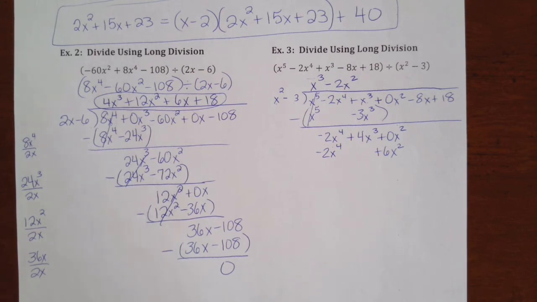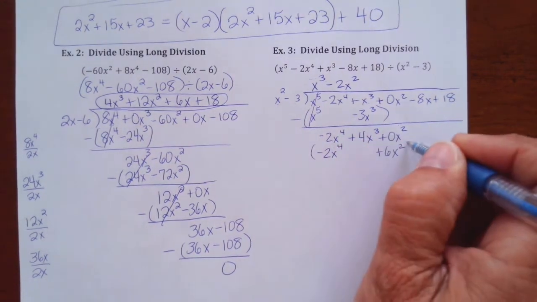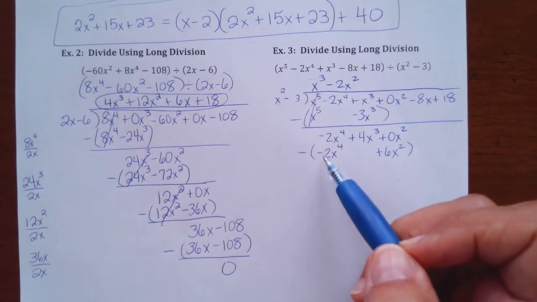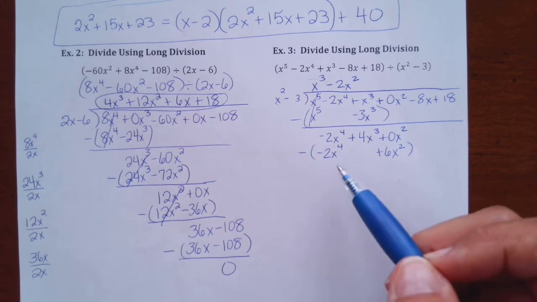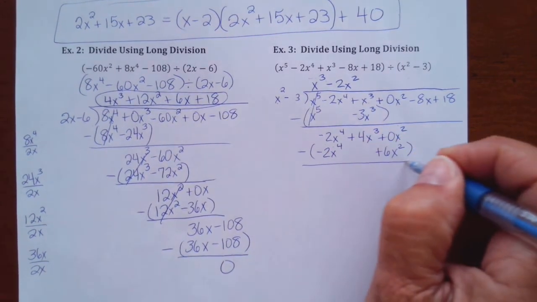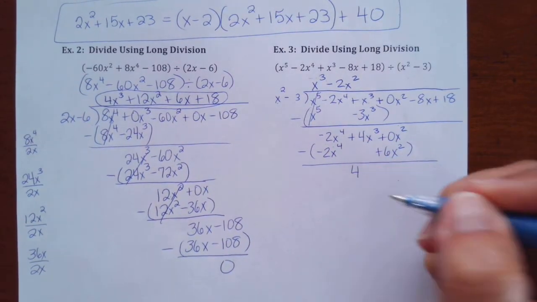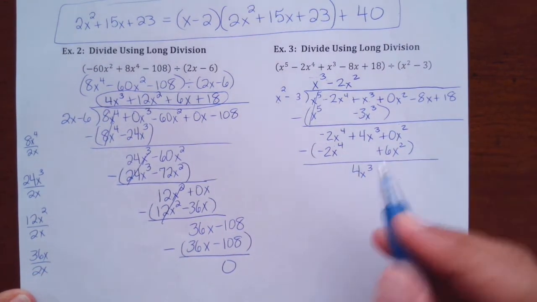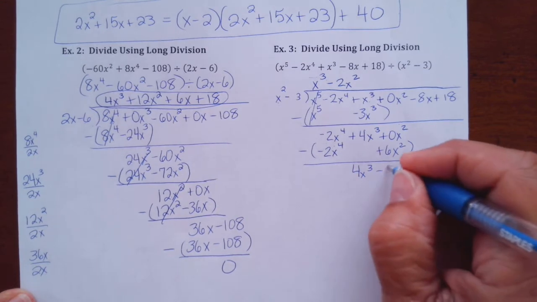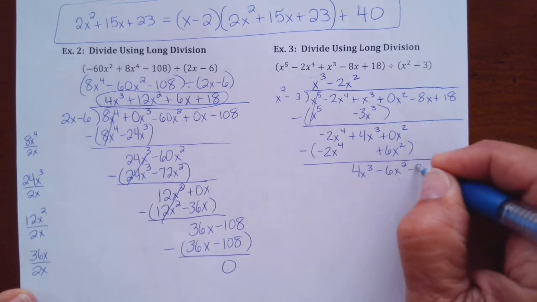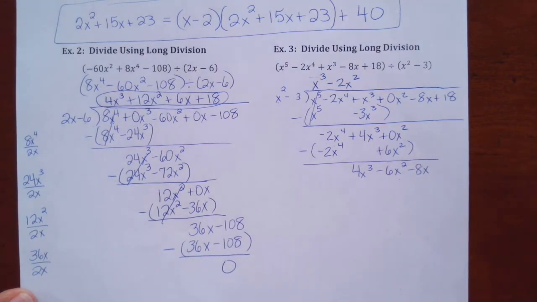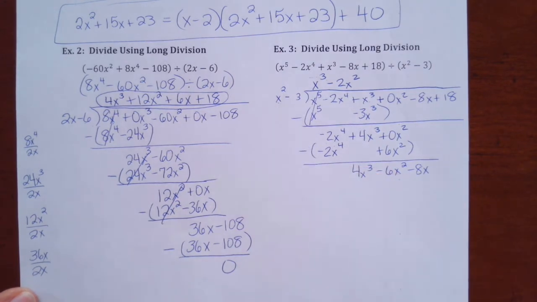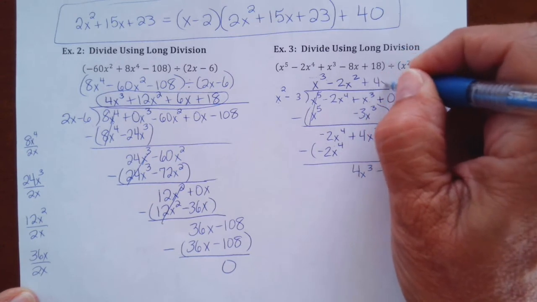All right, so now you've got to subtract. Change your signs. So this is going to cancel out. Going to bring down the 4x cubed. And I've got 0 minus 6, so that's a negative 6x squared. Bring down the next term. All right, we're going to divide again. 4x cubed by x squared, that just gives you 4x.